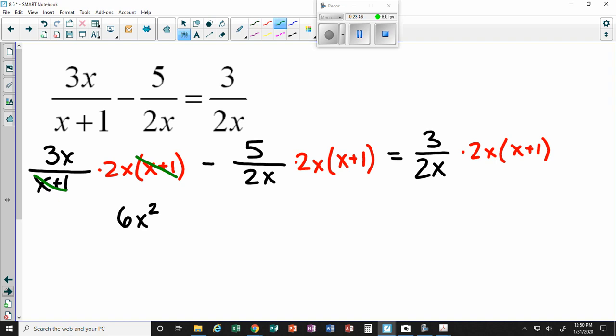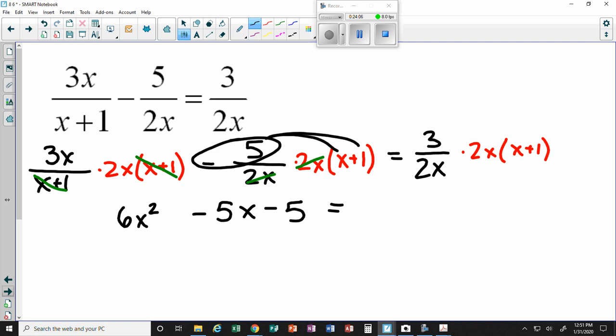Now, here's where you got to be careful with this one. Well, what can I reduce first? Yeah, the 2x is reduced, right? This is really negative 5 times x plus 1. So I got to take the negative and the 5 and distribute it to each. So it's going to be negative 5x minus 5.